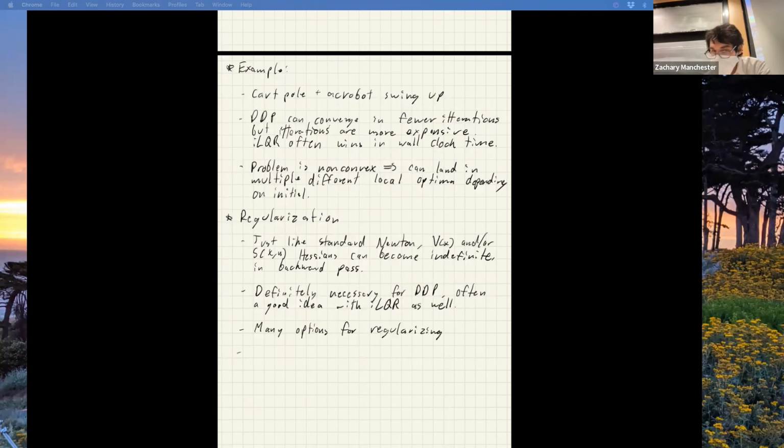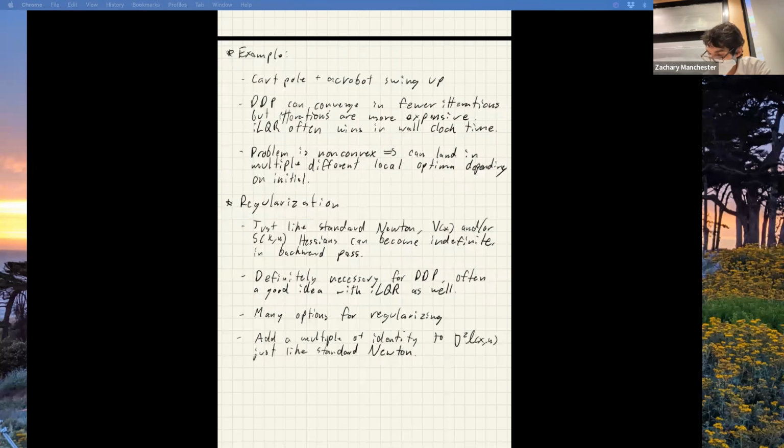The first most obvious thing is you can just add a multiple of the identity to the cost Hessian, just like standard Newton, right? We usually don't do that here, though. Usually we do some other things.